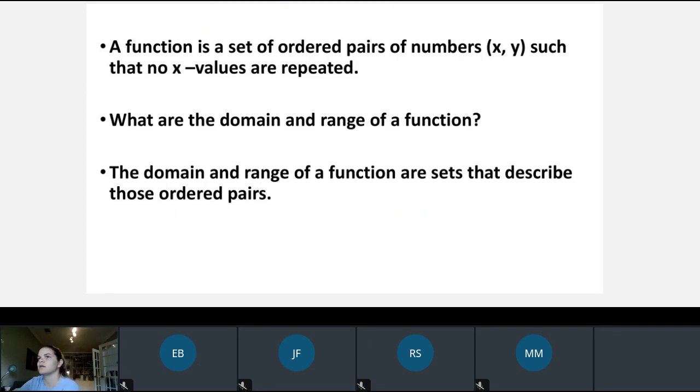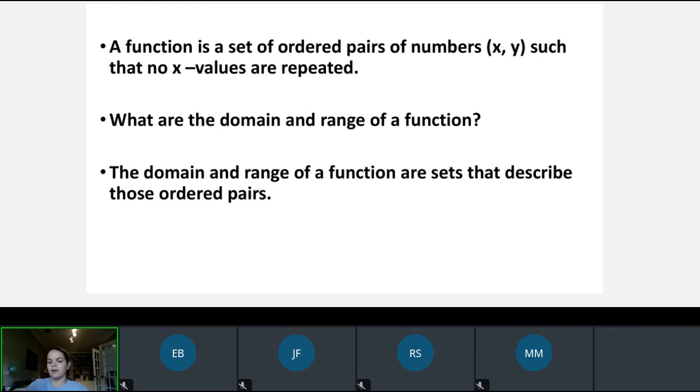All right. So a function is a set of ordered pairs of numbers, x comma y, such that no x values are repeated. So what that means is a function is only a function if it has x values that do not repeat. Okay, so can y'all tell me what are the domain and range of a function?